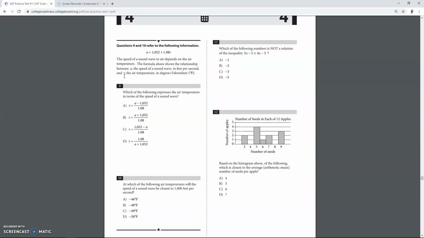Next one, it asks for the solution for the inequality 3x minus 5 larger or equal to 4x minus 3. For this one, we subtract both sides by 3x and get -5 larger or equal to x minus 3.